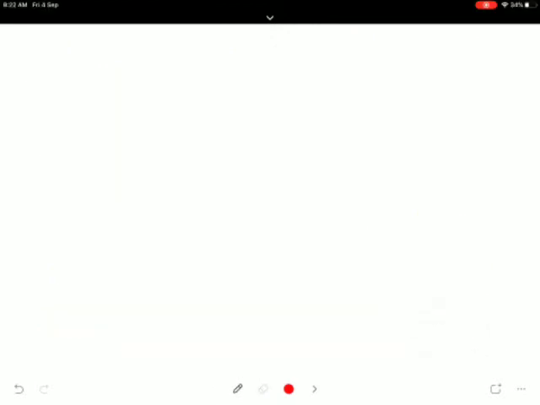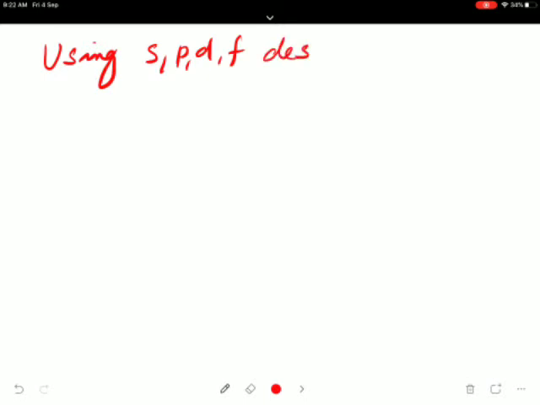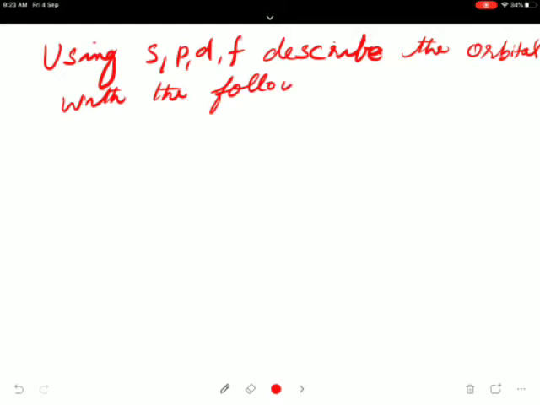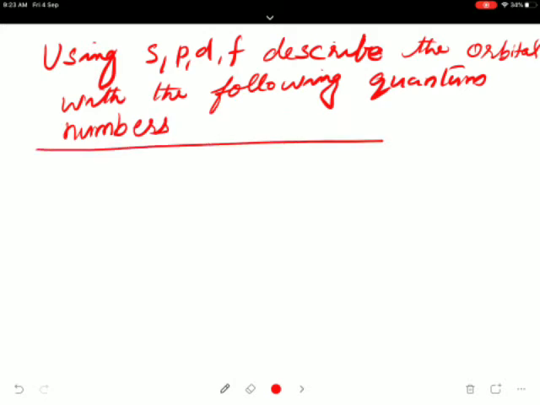Using SPDF notations, describe the orbital with the following quantum numbers.